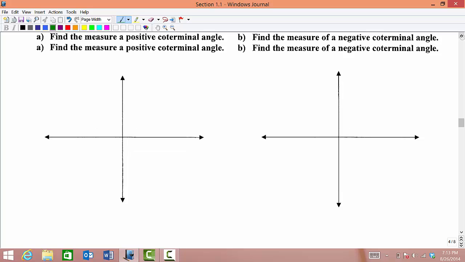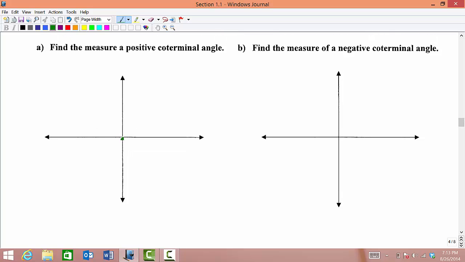So let's remind ourselves of what our negative 200 degree angle looks like. Here's our initial side and our terminal side. And we're looking for an angle that is coterminal to this, but that is positive.